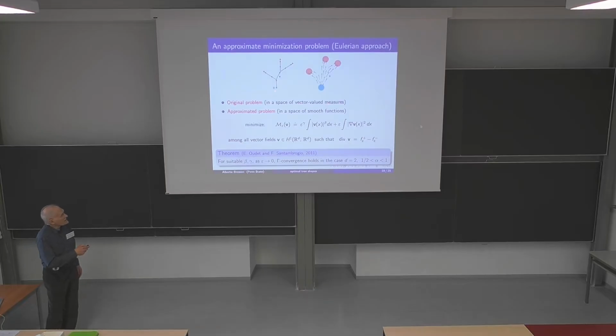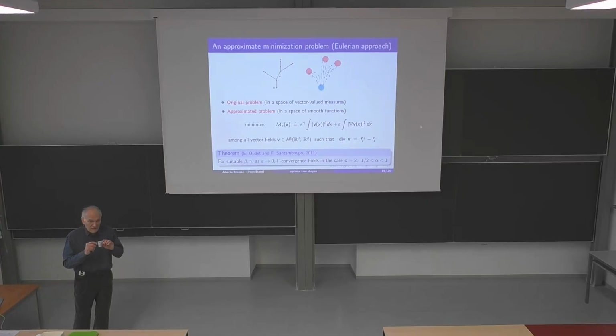So the original problem refers to measure describing the flux of water, let's say, from the origin to the various leaves. Okay, so in this case, for example, what is the flux? Well, the flux is zero everywhere except on this segment, this segment, this segment, and so on. So it's a measure, a vector measure, but concentrated on a finite number of segments, right?